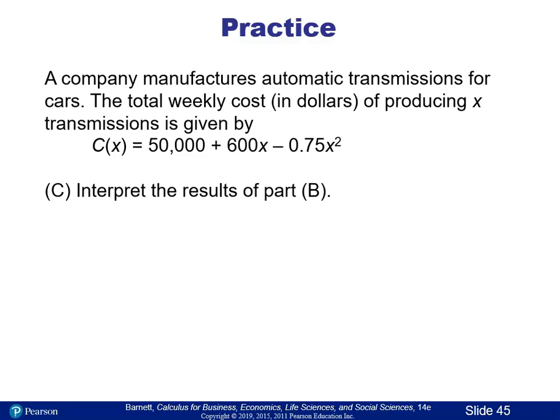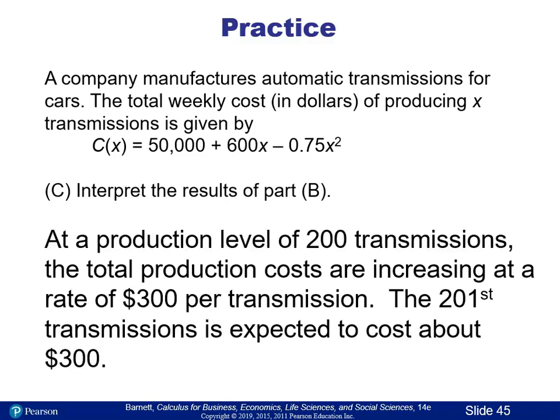As far as interpreting these results, at a production level of 200 transmissions, the total production costs are increasing at a rate of $300 per transmission, and the 201st transmission is expected to cost about $300.